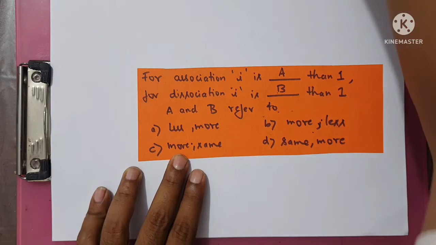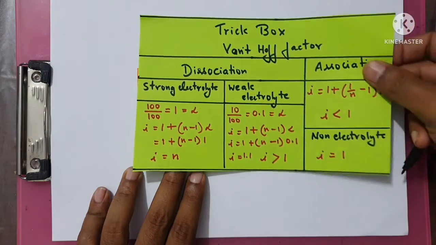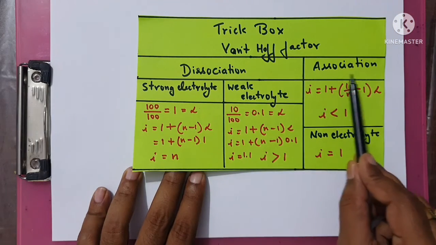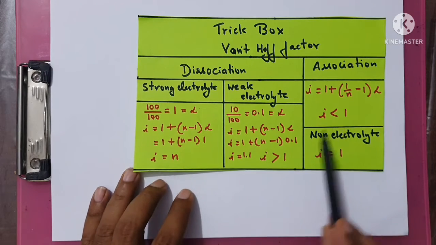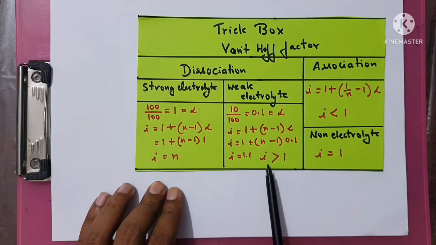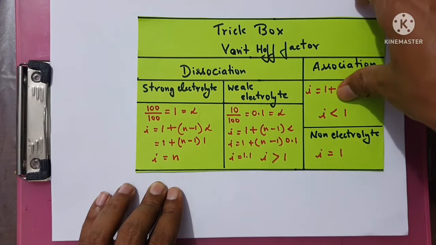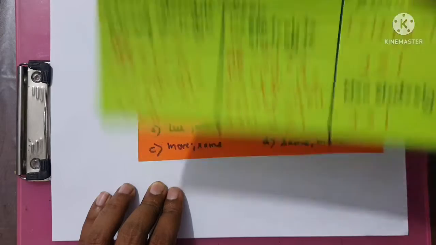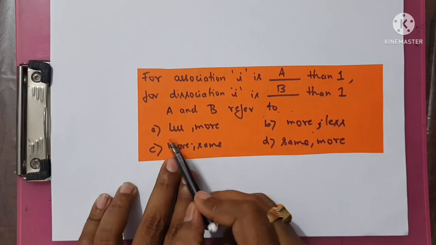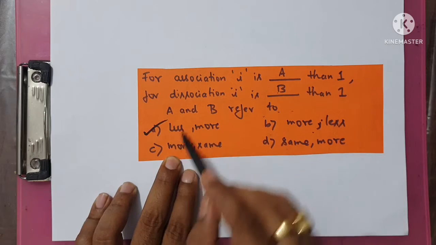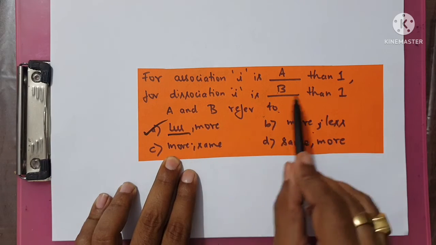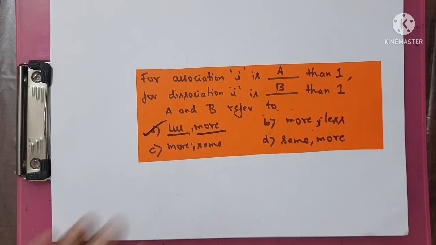If you look into this trick box, it is saying that if it is association, i is less than 1. If it is dissociation, in case of weak electrolyte, it is greater than 1. Therefore, I'll take option A, where it says for association it is less than 1, and for dissociation it is more than 1.